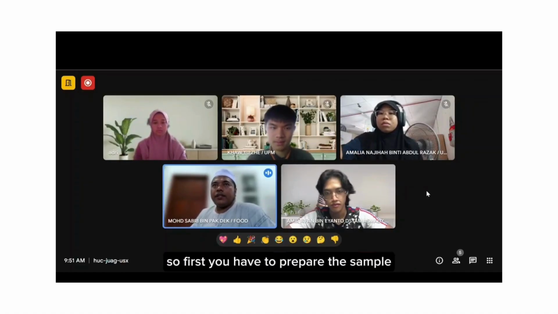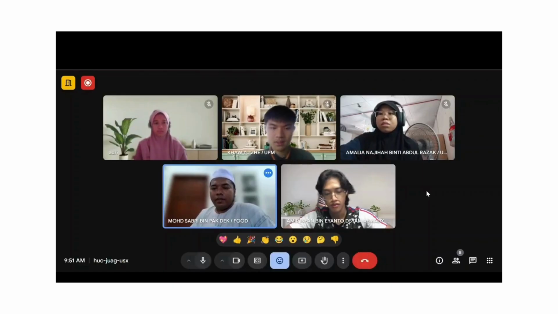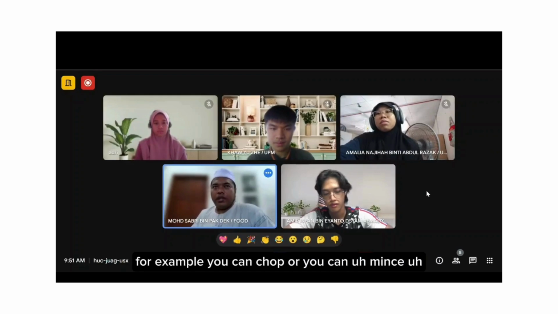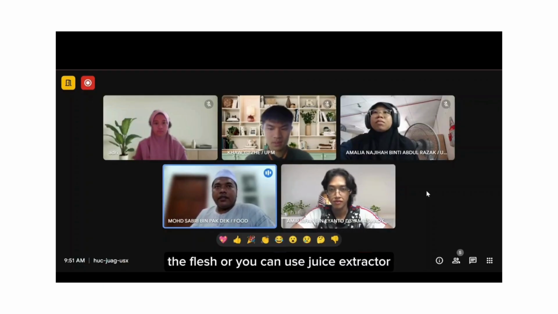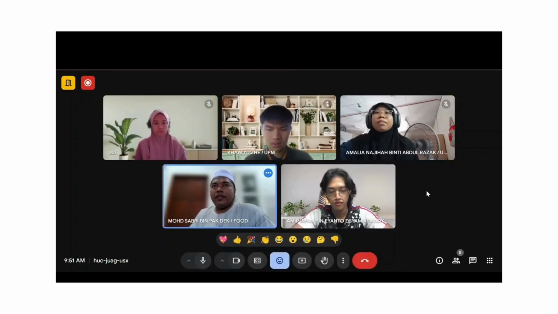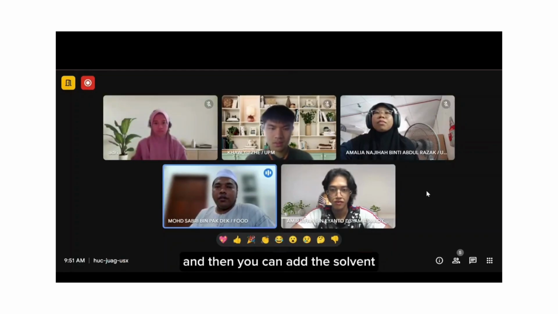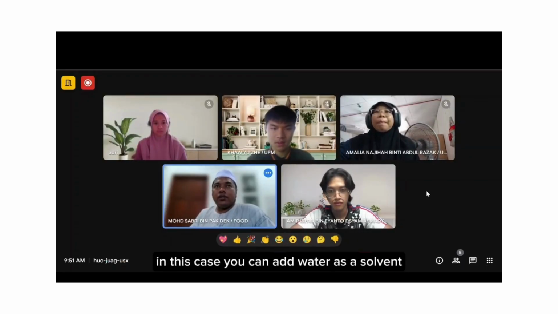So first you have to prepare the sample, make it into small pieces. For example, you can chop, or you can mix the flesh, or you can use a juice extractor. So easily you can get the small particle size, and then you can add the solvent. In this case, you can add water as a solvent.